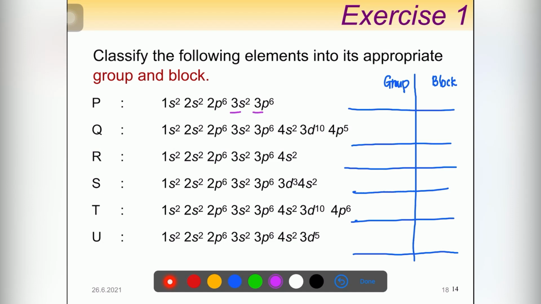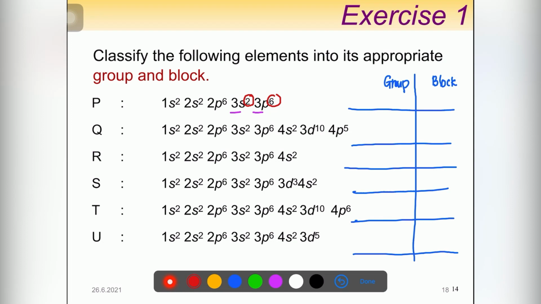At n equal to 3, there are orbitals s and p. The electrons occupying orbitals s and p are the valence electrons. The total electrons in these two orbitals is 8.